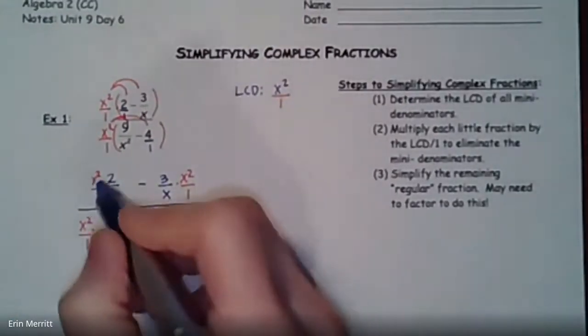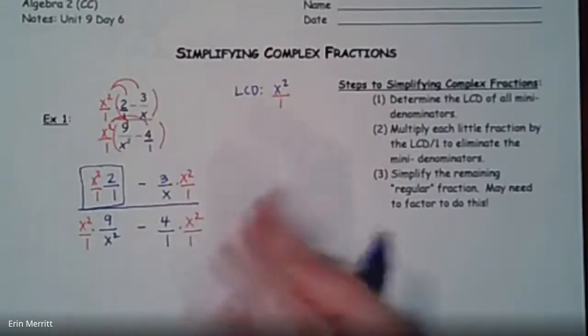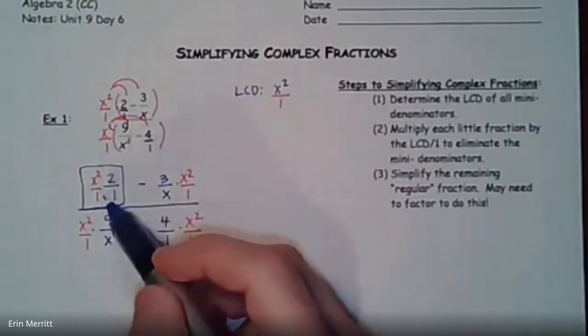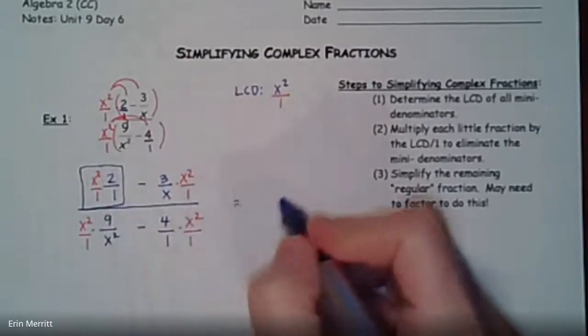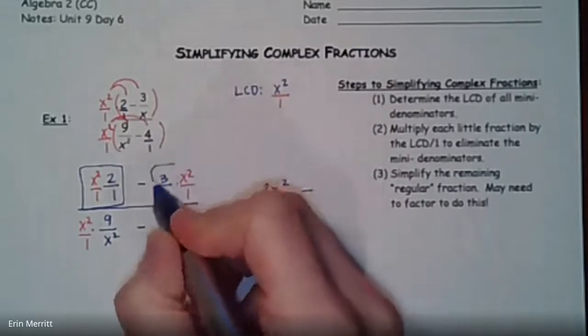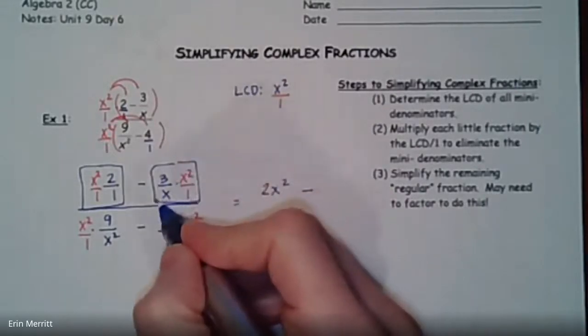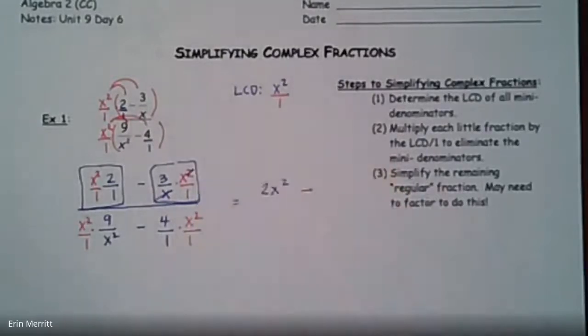The very first fraction, there's nothing to cancel. There's just ones in the bottom. So I'm going to be left with exactly what I have. So 2 times x squared. All right, then I've got minus. Here goes this next one. Here an x and an x can cancel. So this x and one of those x's can cancel.